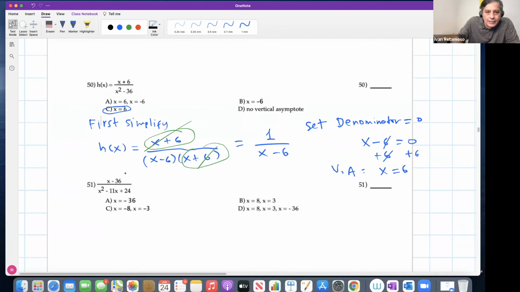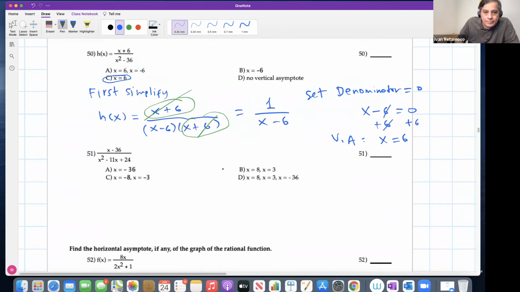So moving on, this is 50, 51 probably. Let me see. Yeah, this is similar, but here once you factor the denominator, you get x minus, two numbers whose product is 24 and whose sum is negative 11: 8 and 3 after some trial and error, both negative. And now you try to simplify, you see that nothing is simplified.